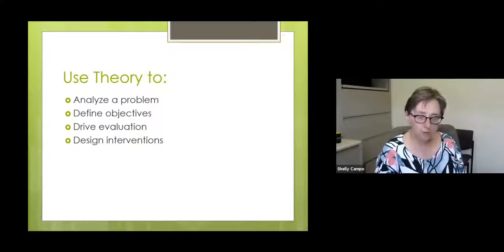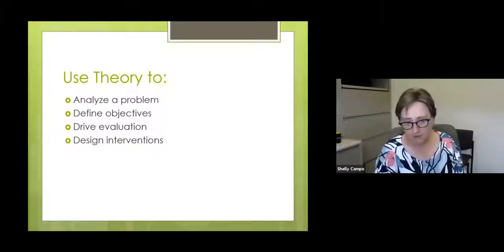So theory, which often scares my students, is a way in which to analyze a problem, to define objectives, to think about evaluation, because it tells you what things you would expect to change and why.